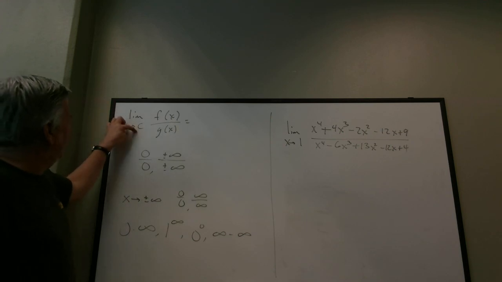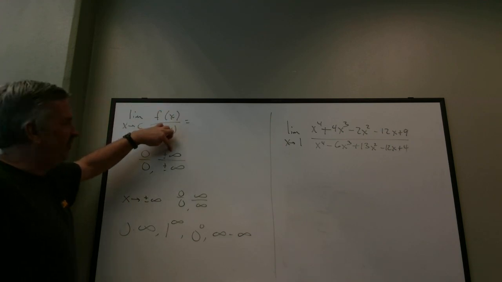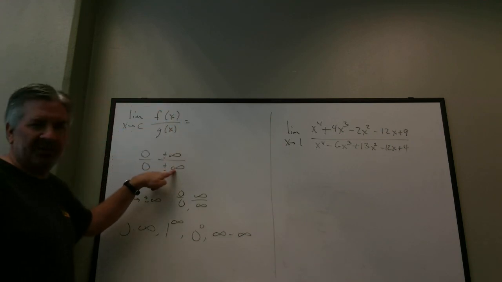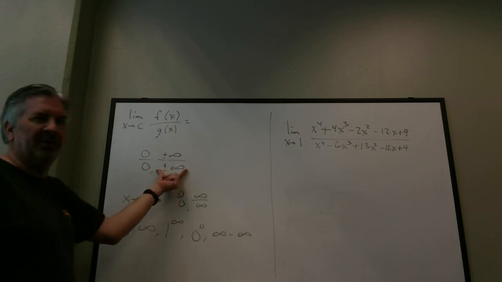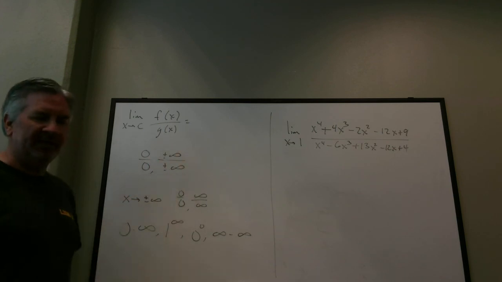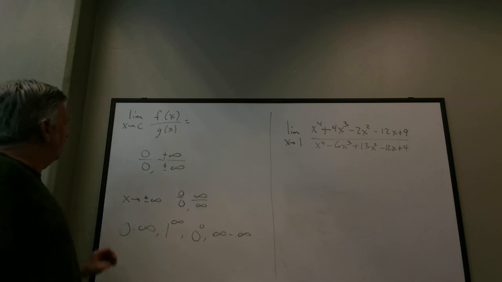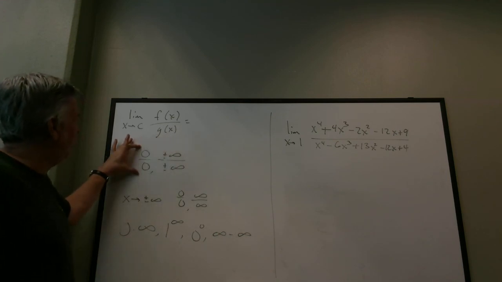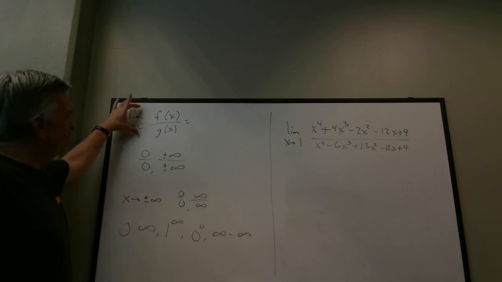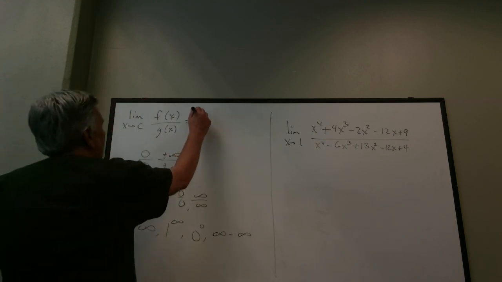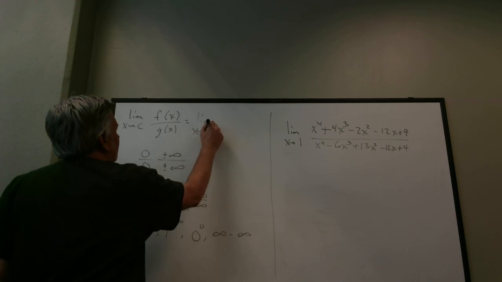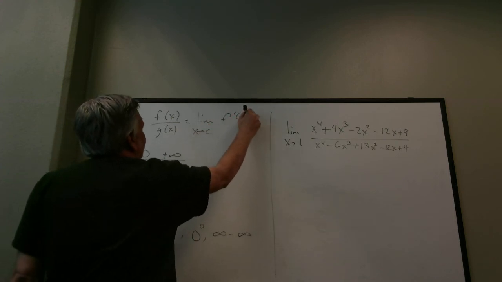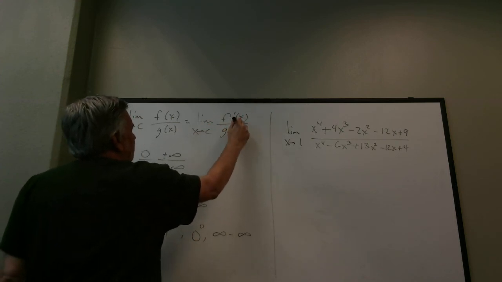Or if you take the limit of the numerator and get plus or minus infinity, and the limit of the denominator and get plus or minus infinity, that's the infinity over infinity indeterminate form. Again, infinity over infinity is not 1. If you get either one of these forms, L'Hopital's rule says the limit of this quotient is the limit of the derivative of the numerator divided by the derivative of the denominator.